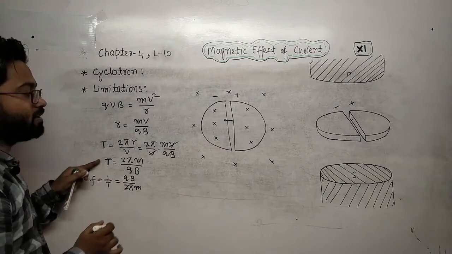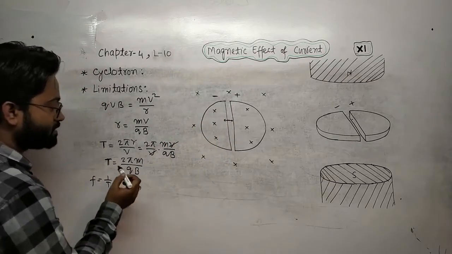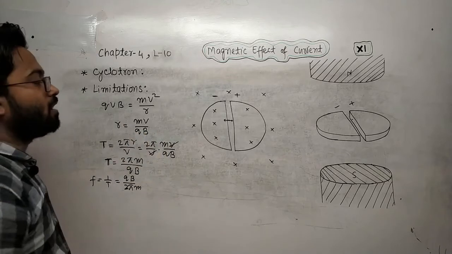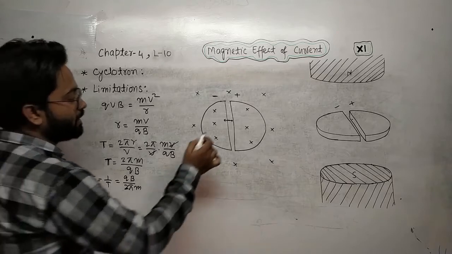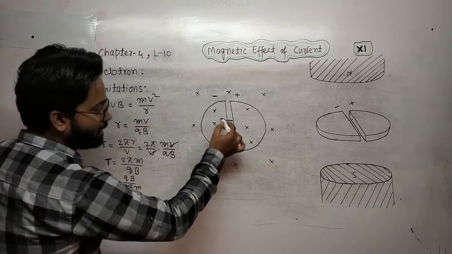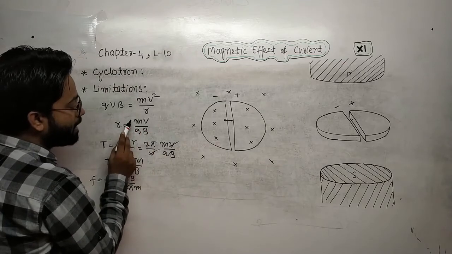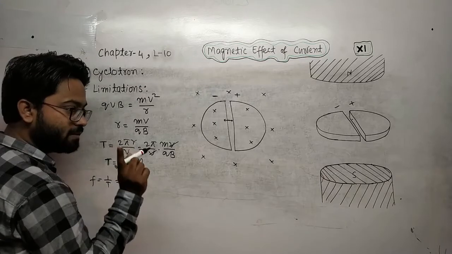That means the time period for a particular system is constant. If the mass and charge are constant, the time period will be constant. Mass, charge, and magnetic field are constant.